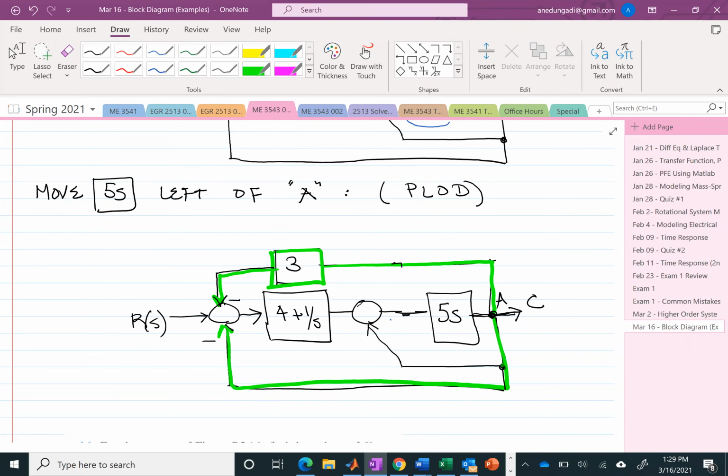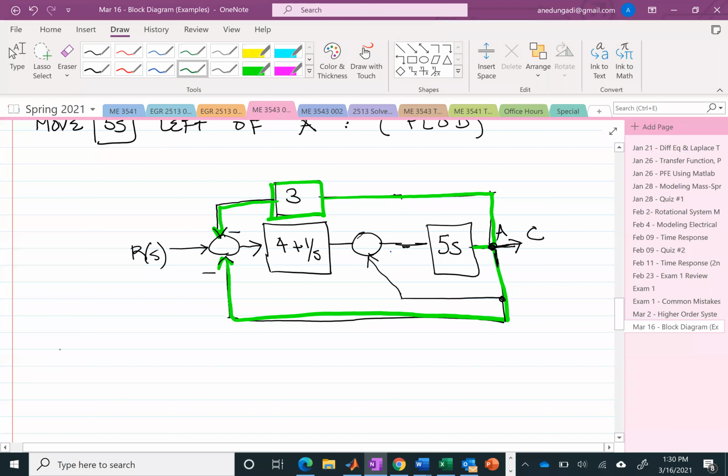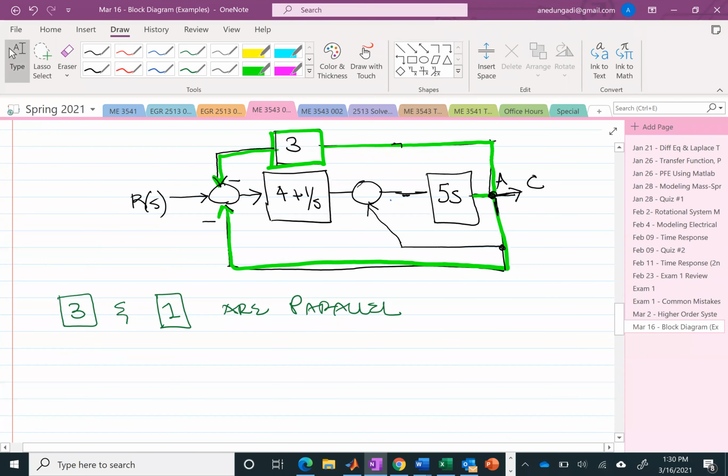Okay, so what I want to do, maybe make it green, is say 3 and unity feedback are parallel.